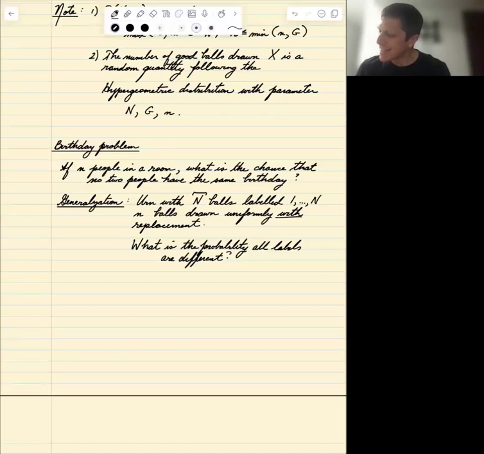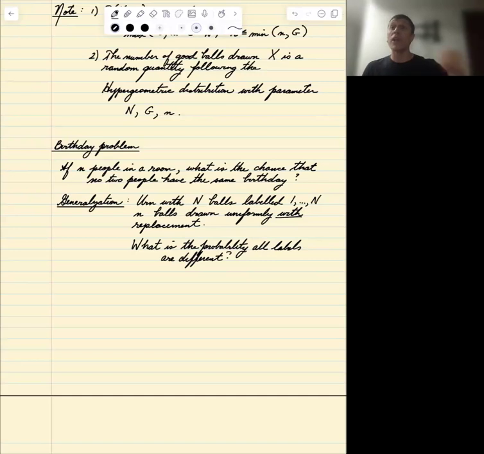So 366 balls, each labeled 1 up through 366. And little n is how many people are in the room. Each person we think of as having a birthday that is uniformly drawn on days throughout the year. That's the assumption. Whether it's a good assumption is not really relevant. We're assuming the model, and we're going to try to understand the consequences of that model. That's why this is a generalization.